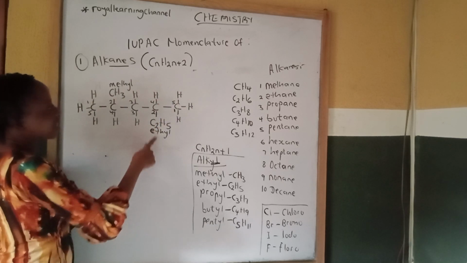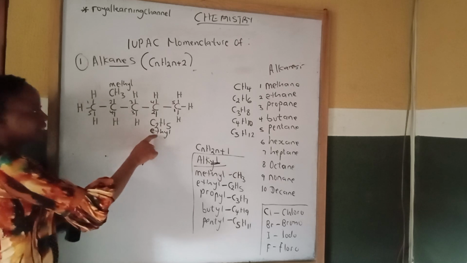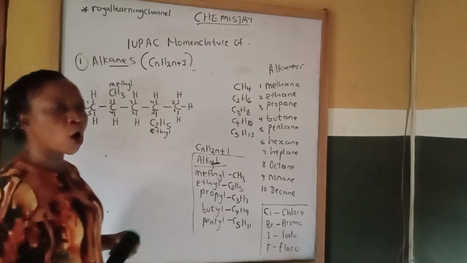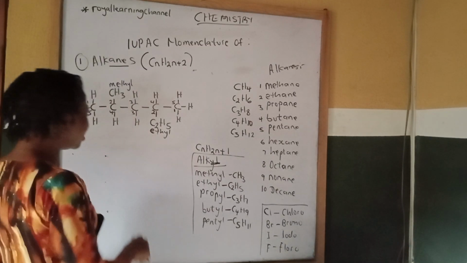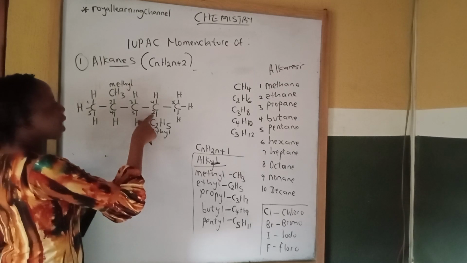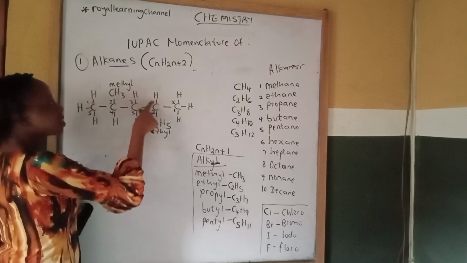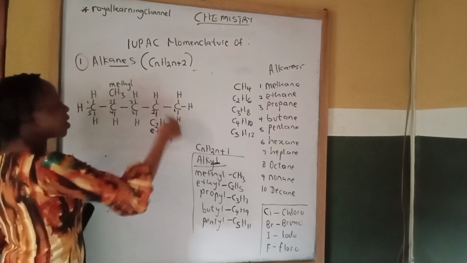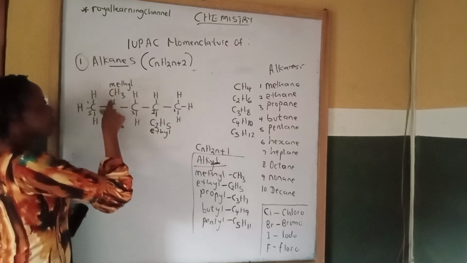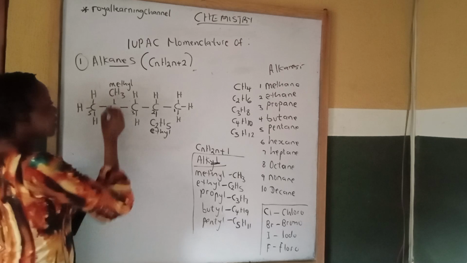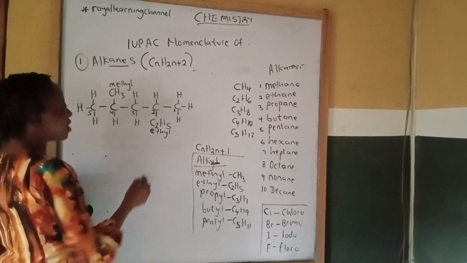If I name from this side, I want to consider my ethyl first, because ethyl comes before methyl. So my ethyl is on the second carbon atom. But if I consider this side, my ethyl will be on the fourth carbon atom. So the best side to name is the right hand side. So let's name from the right hand side.